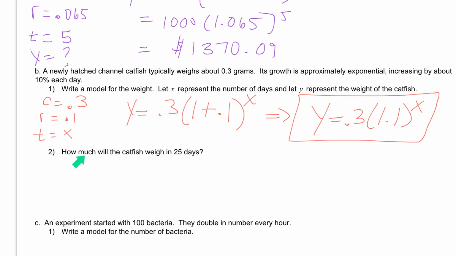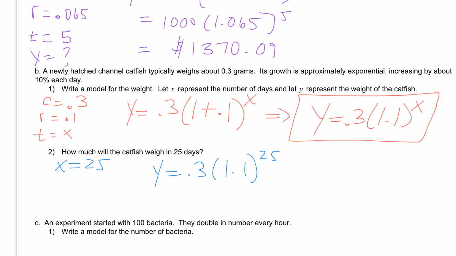And the second part says, how much will the catfish weigh in 25 days? Well, here we know that our X value is equal to 25, and so we're just going to plug that into our equation that we got right here. So we have Y equals 0.3 times 1.1 raised to the 25.